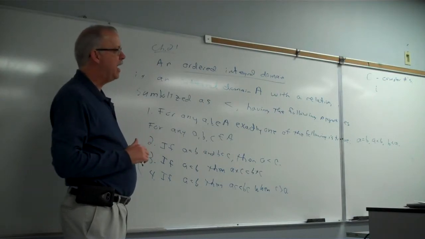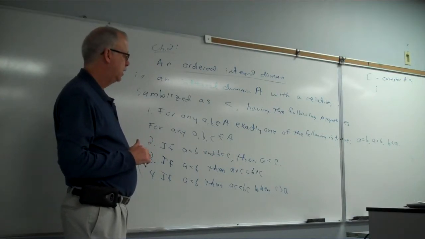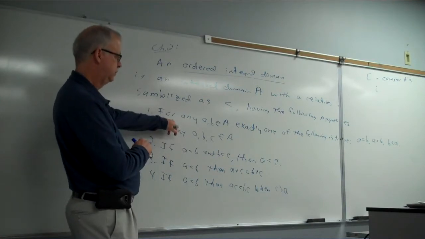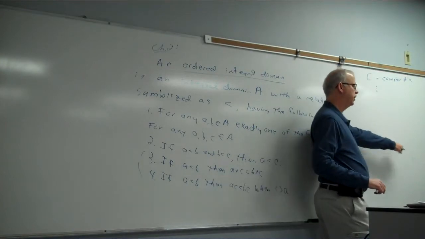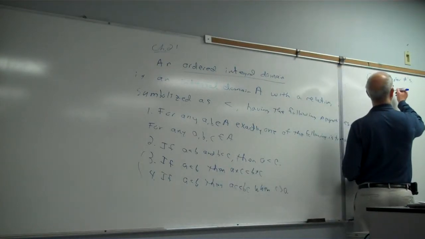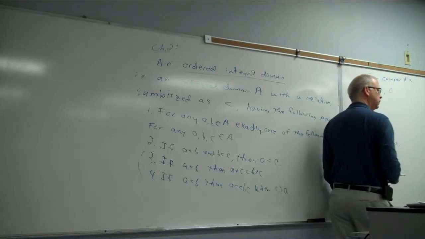Do we want to call i... I mean, if we compare it to any other number, exactly one of these three has to be true. So let's compare i and 0.